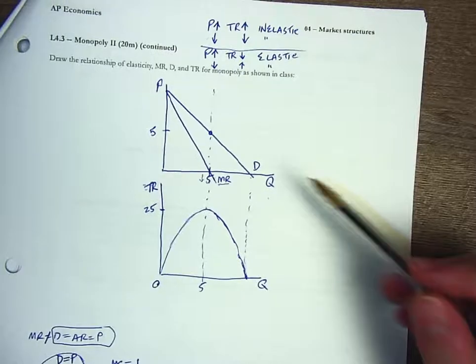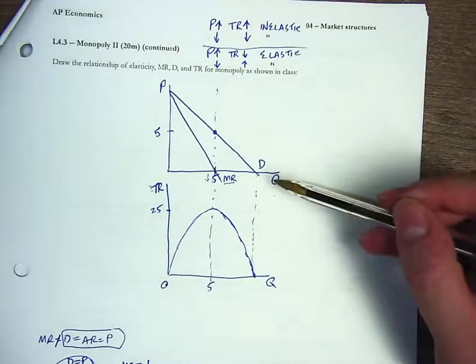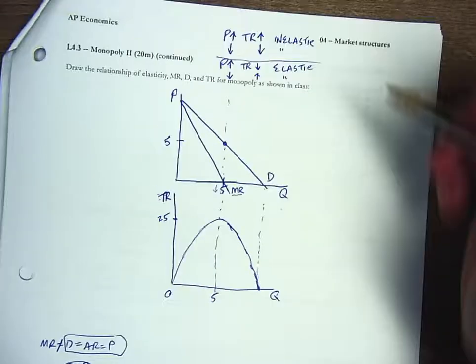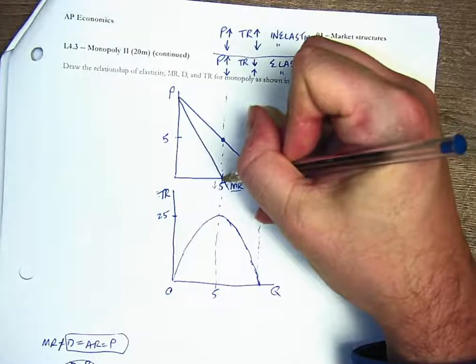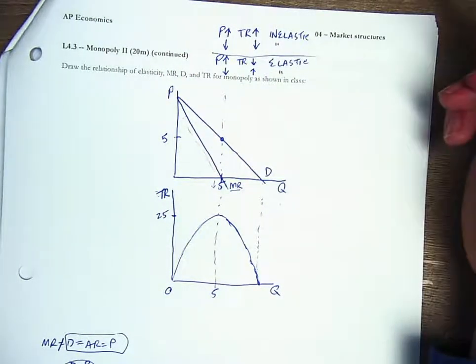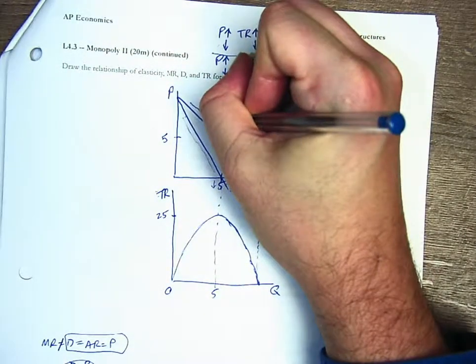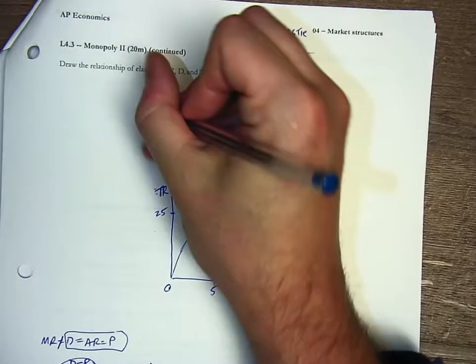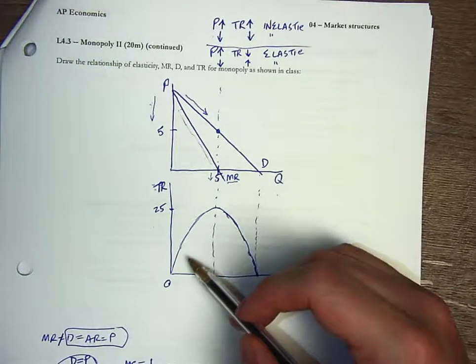Now, we do need to add one more thing onto here and observe the elasticity ranges of the monopoly. We could find that here in this range, where marginal revenue is still positive, if you lowered the price, you went down the demand curve. So where price was going down, what's happening to total revenue?